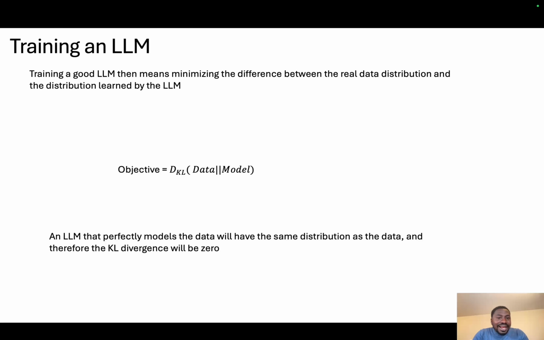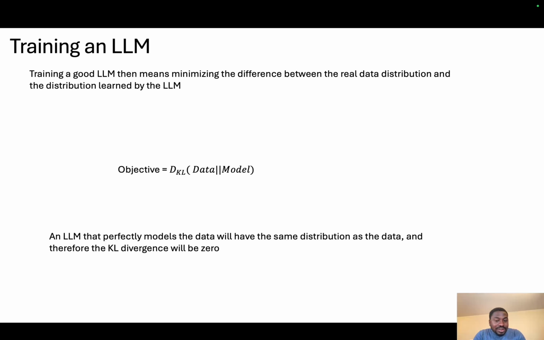Training an LLM really means you're minimizing the difference between the real data distribution and the distribution learned by the LLM, which corresponds to minimizing the KL divergence between the data distribution and the model's distribution.